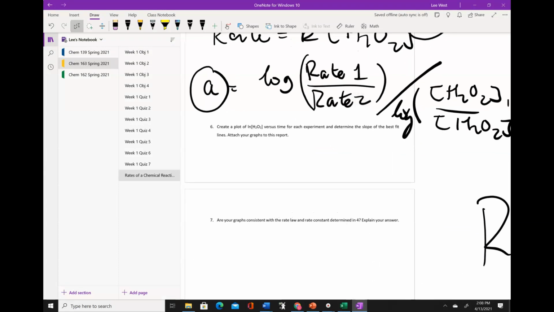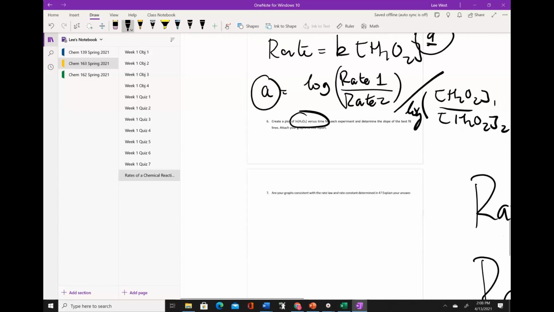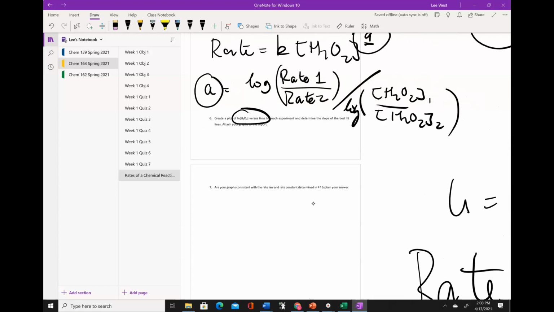All right, now the next bit is kind of the link between method of initial rates and integrated rate law. What it's asking you to do is to create a plot for both experiments of log of the concentration against time, and then to determine the slope of that plot. Now, what's the reason for doing that?